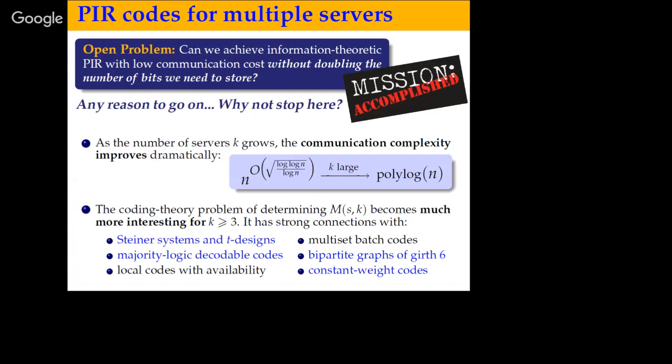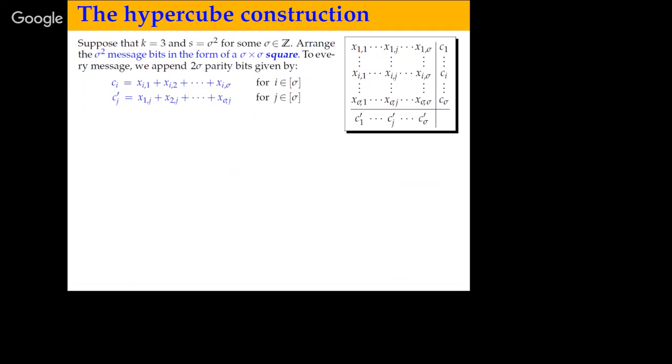Okay? Now, before we do that, though, let me show you a from-scratch solution that will serve as our benchmark. This is basically generalizing this single parity check code that was the optimal solution for k equal 2 to k equal 3. Okay?